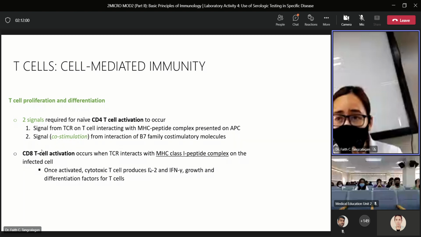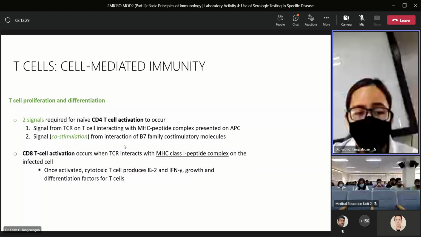Once this CD8 T cell is activated, the cytotoxic T cells will produce interleukin 2, interferon gamma, and your growth differentiation factors, your transforming growth factor beta, which is responsible to kill the pathogen. No? This CD8 T cell only interacts with the MHC class 1. For the CD4, it interacts with your class 2, plus it involves your co-stimulatory signal.